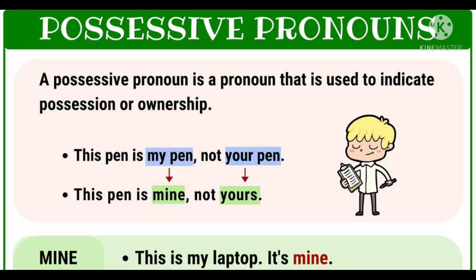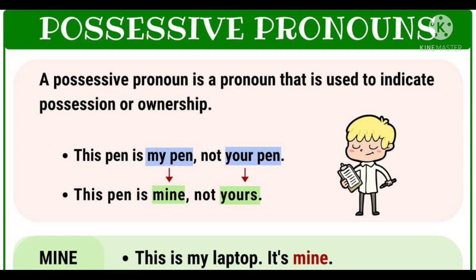So, how can we change the sentence to include a possessive pronoun, class? When I read the sentence, this is my laptop, what does it become? It's mine. You can notice there is no change. Possessive pronouns also have only one form.